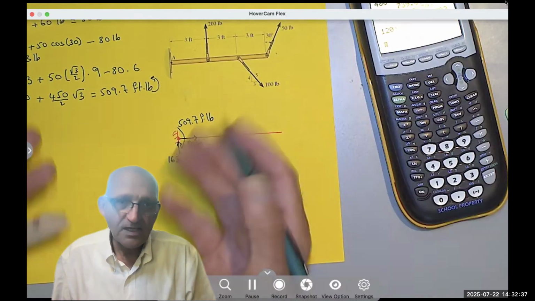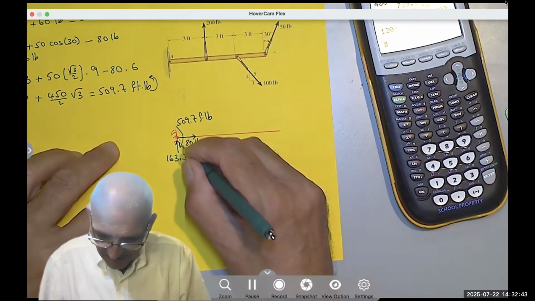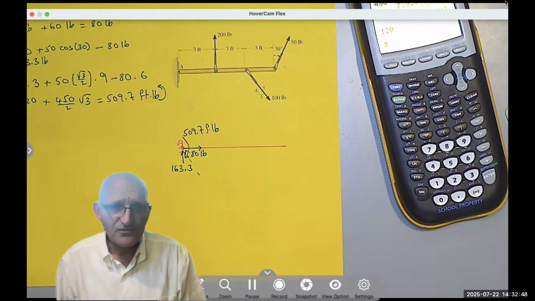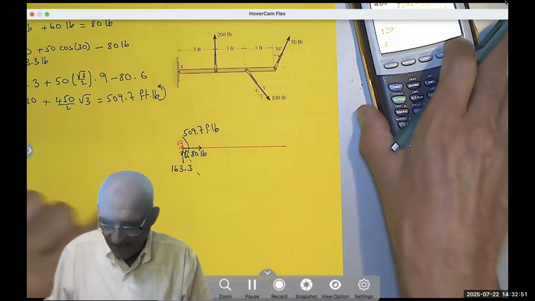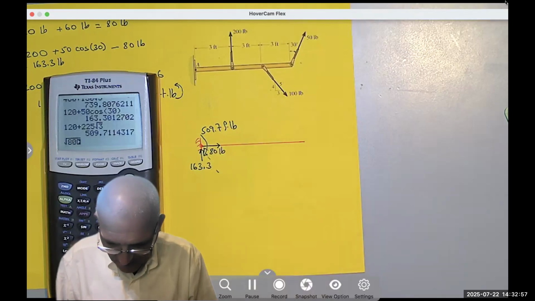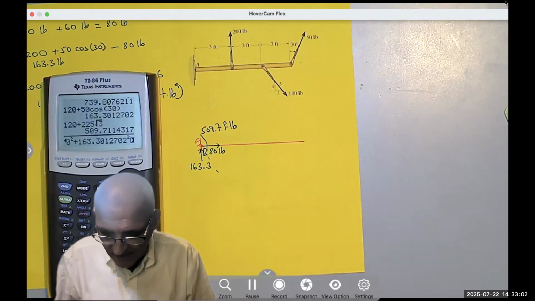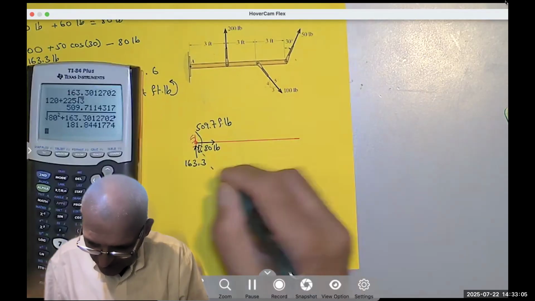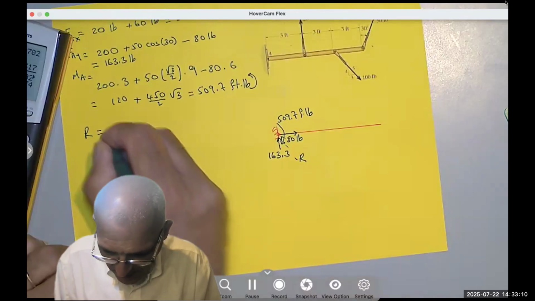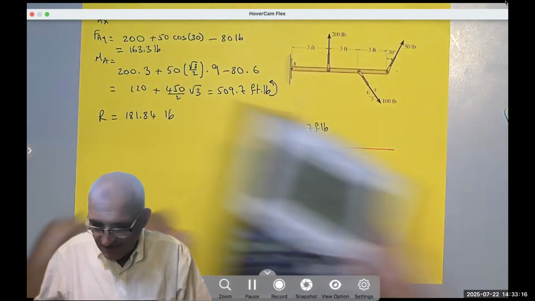Of course, it's X and Y, but you can find it as a resultant, as a force going like that, and you can find the angle that it makes with the horizontal or the vertical. So it's not that hard. You can say it's the square root of 80 squared plus 163.3 squared, so this resultant R equals 181.84 pounds. And what angle does it make with the horizontal?